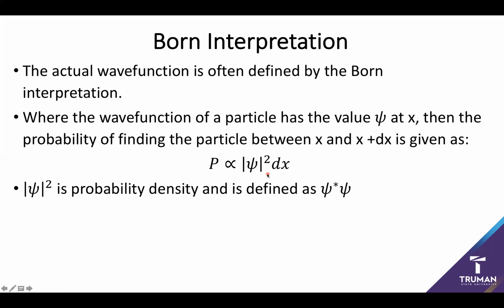That's because this is called the probability density, and it isn't a simple squaring. It's taking our wave function and multiplying it by its complex conjugate. You may not have encountered the term complex conjugate before. It simply means taking the wave function and putting a negative in front of all the imaginary numbers. We'll deal with that later, but for now we're just going to treat the probability density as the squared wave function.